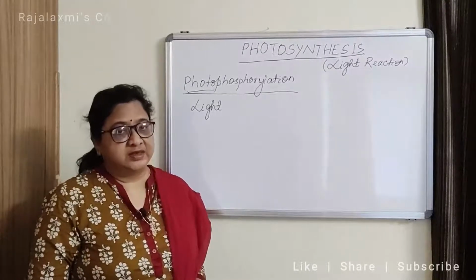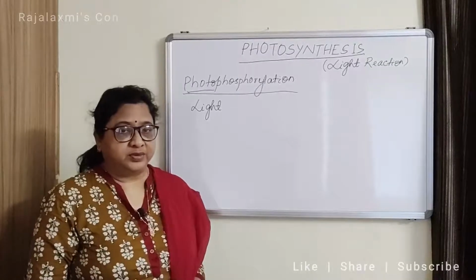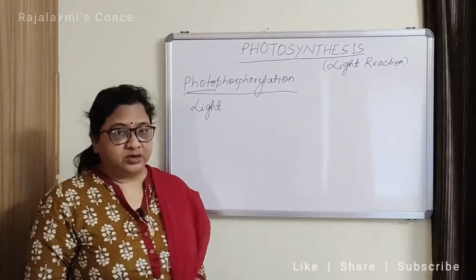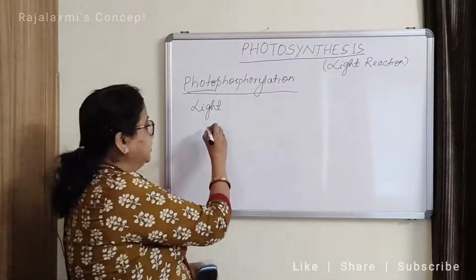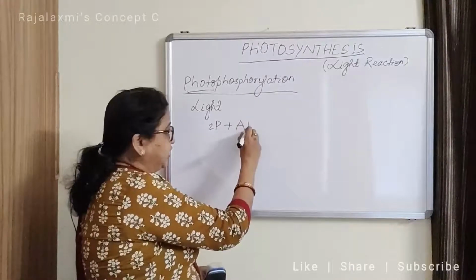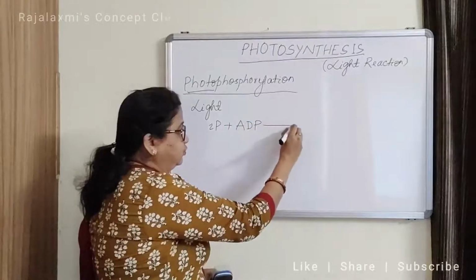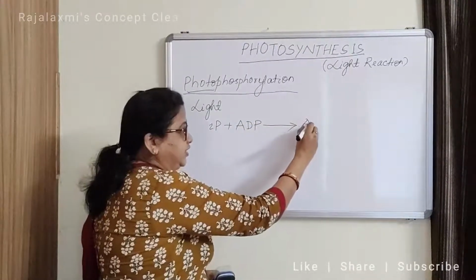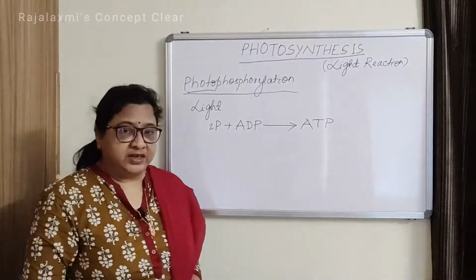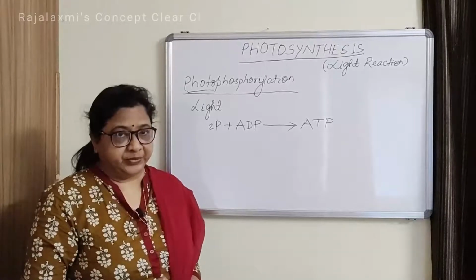In this process there is addition of phosphate to ADP, or adenosine diphosphate. Inorganic phosphate is added to ADP to form ATP, that is adenosine triphosphate.